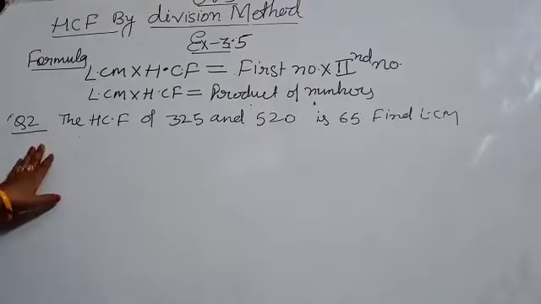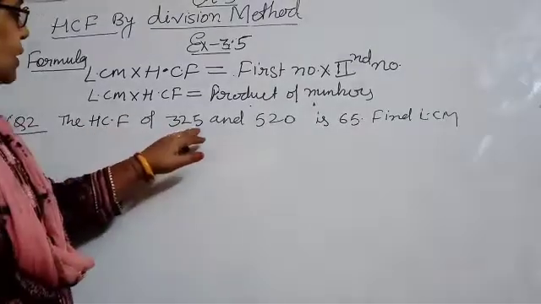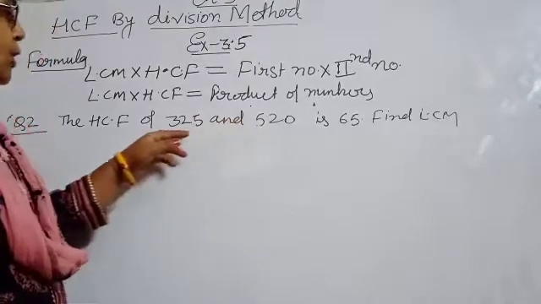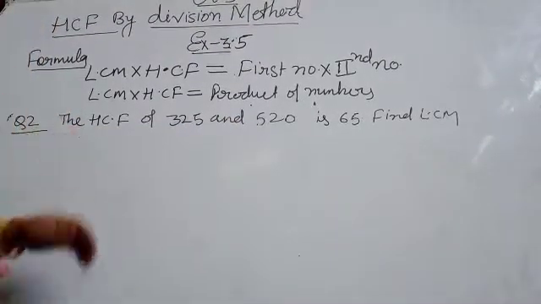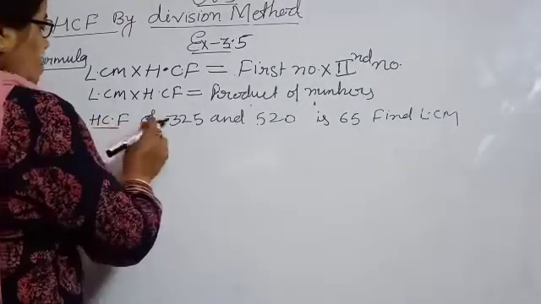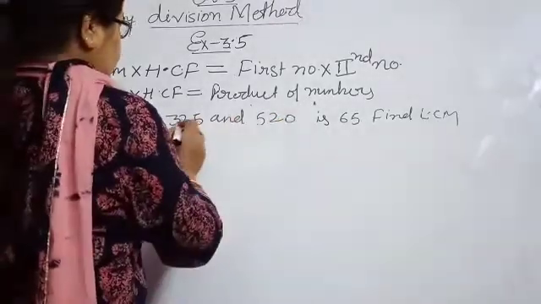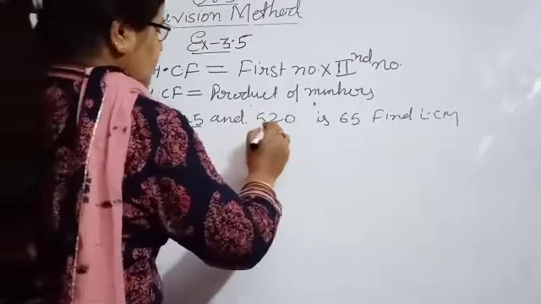Now question number 2, beta: the HCF of 325 and 520. You know why we are finding the HCF or LCM of any numbers. HCF of 325 and 520 means one number is 325, another number is 520.